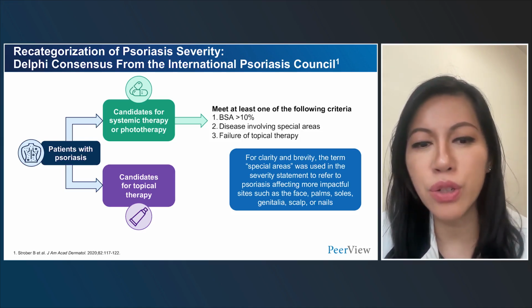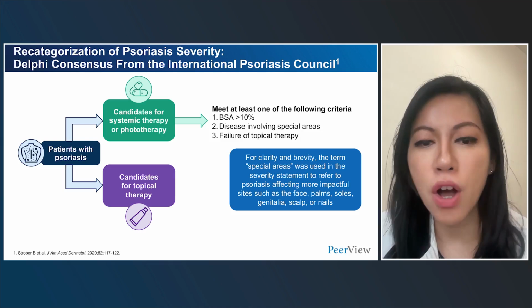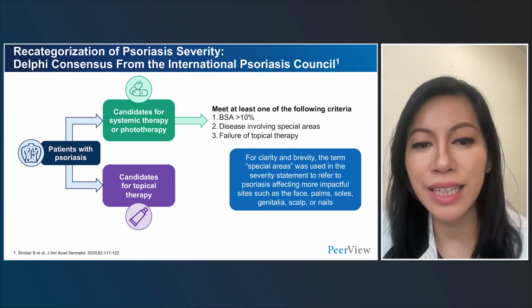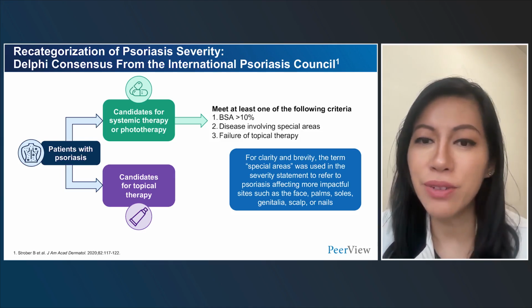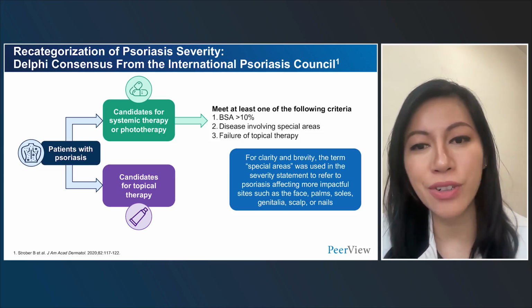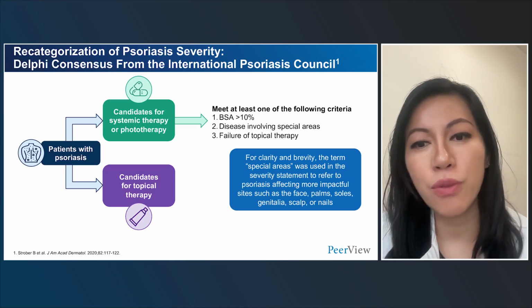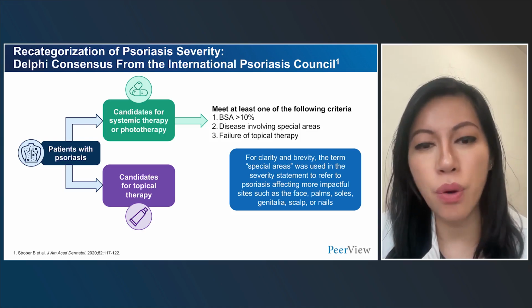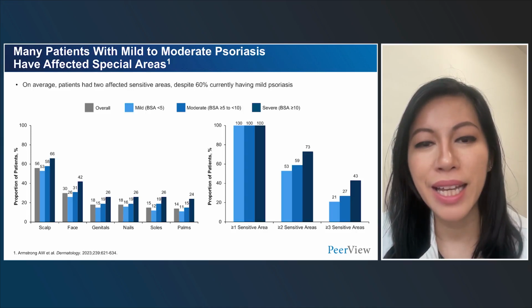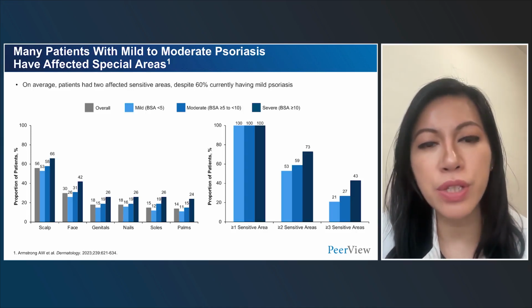And those refers to, for example, hands, palms, soles, genitalia, scalp, or nails. And then finally, if they have failed topical therapies, we want to consider them as possible candidates for also systemic therapy or phototherapy.